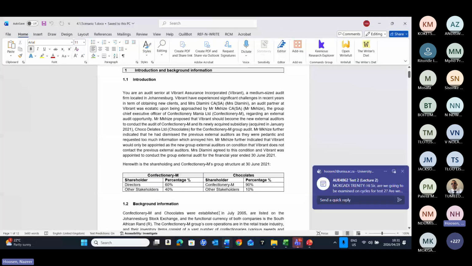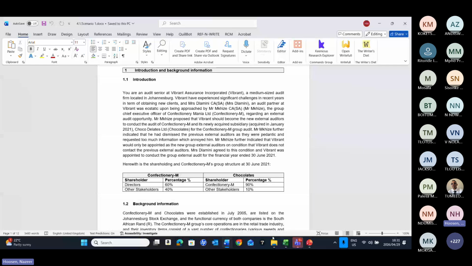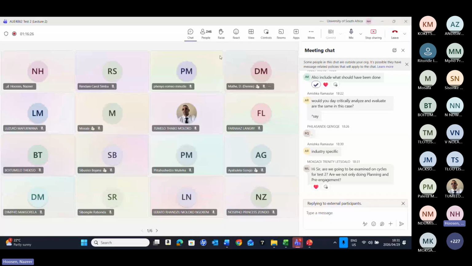I see that there is another question. Mohadi asks, are we going to be examined on cycles for test 2? Yes, indeed. Cycles do feature as a part of the scope of test 2, and something typical within the sphere of what I have here in terms of the required.